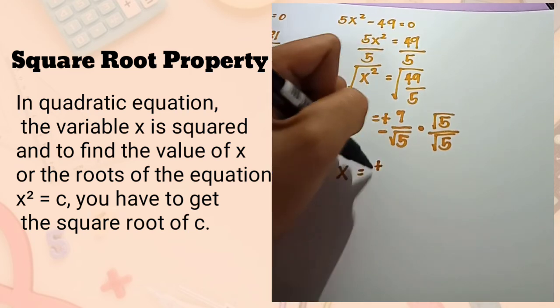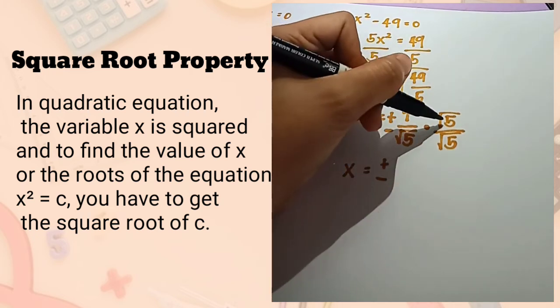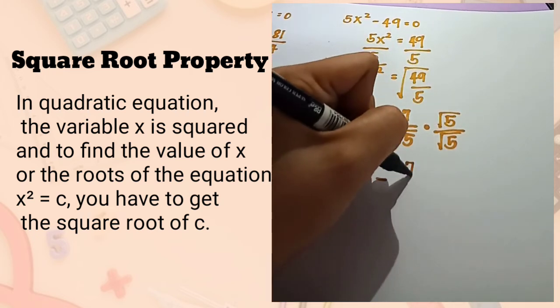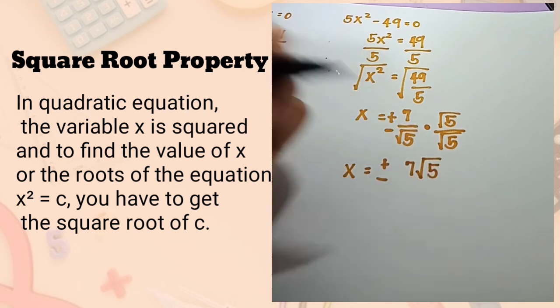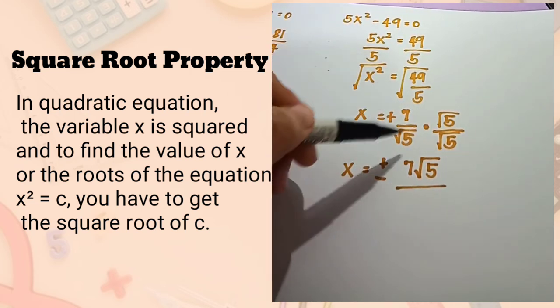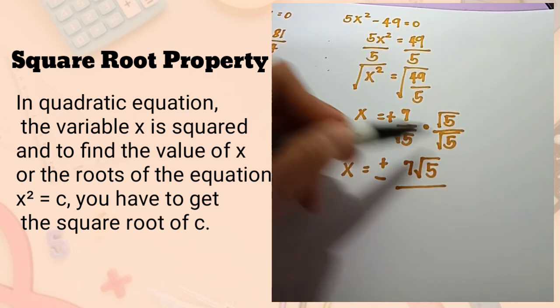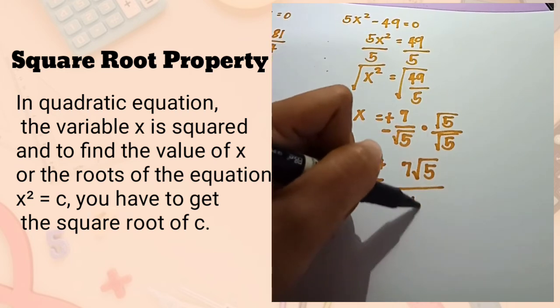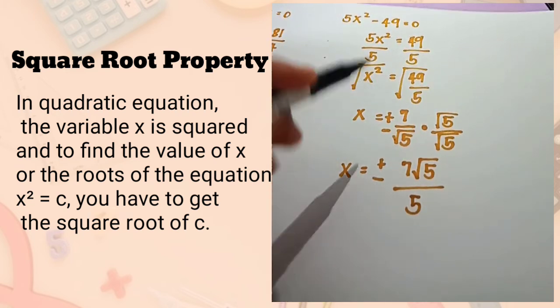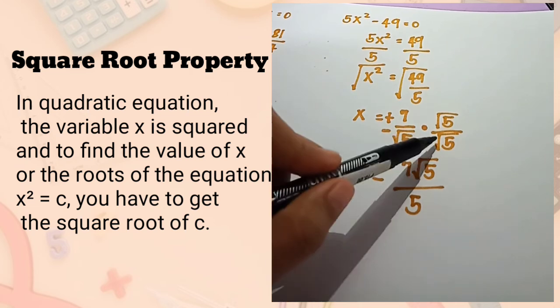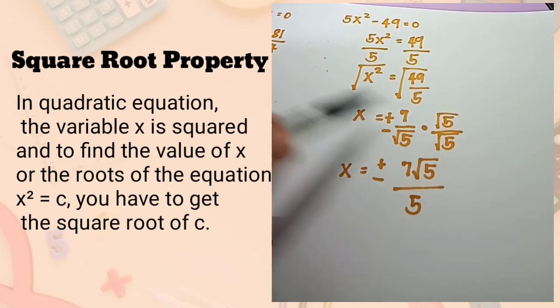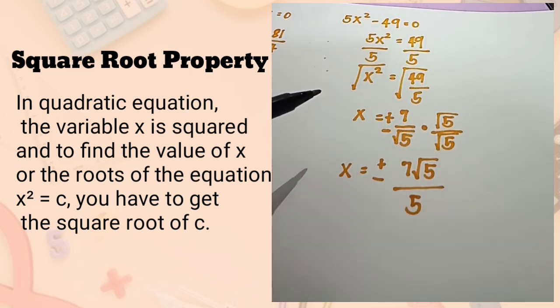So, 7 multiplied by square root of 5 will become 7 square root of 5 over, so, kapag pinag-multiply natin tong dalawa, magiging 5 na lang siya. Kasi magkakaroon na ng square root of 5 times square root of 5 ay mawawala na yung kanyang radical sign.